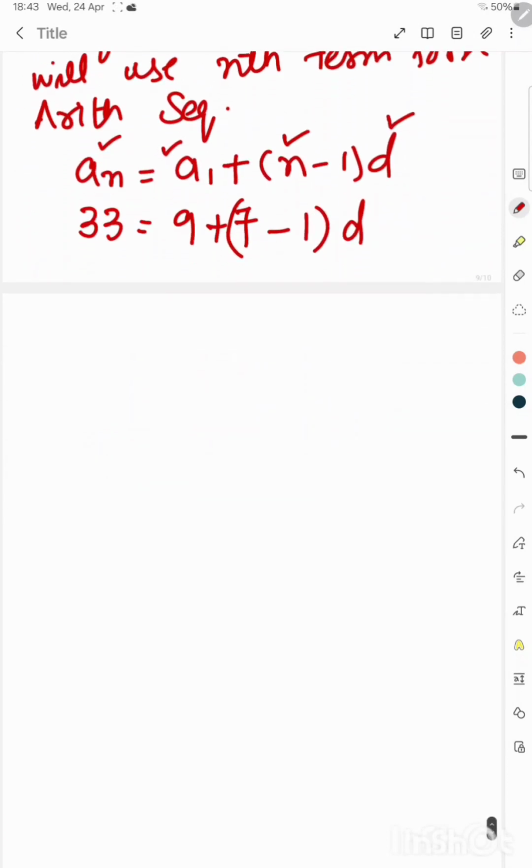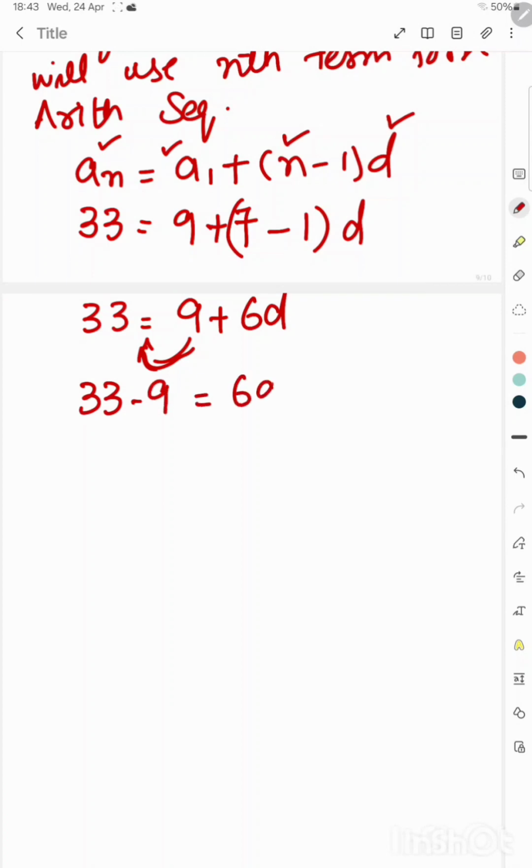Now here 33 is equal to 9 plus 6D. What you have to do is shift this 9 to the other side of the equation, so it becomes negative 9, and we get 33 minus 9, which is equal to 24, equal to 6D. Divide by 6 on both sides of the equation and you will get the value of D, which is equal to 4, because 6 4s are 24.